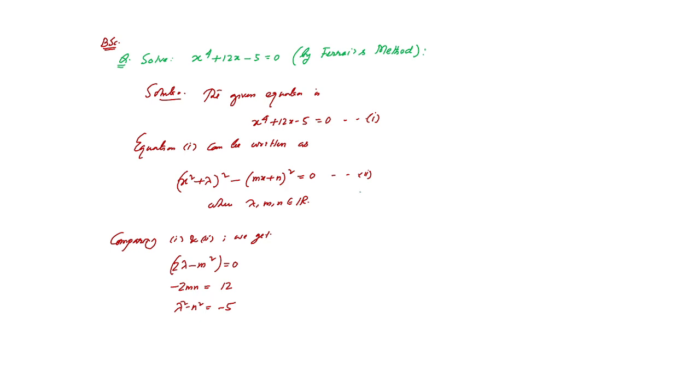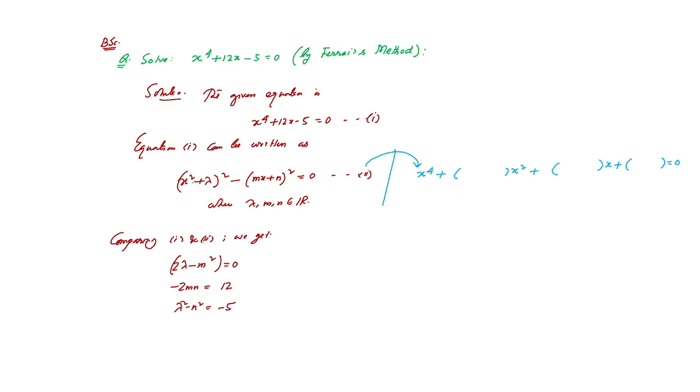Now equation 2 you can write as x to the power 4 plus something into x square plus something into x plus some constant term equals 0. From (x square plus lambda) whole square, x to the power 4 will come.